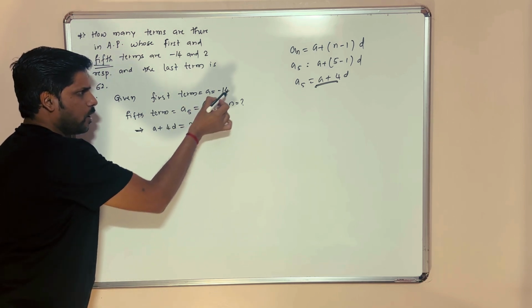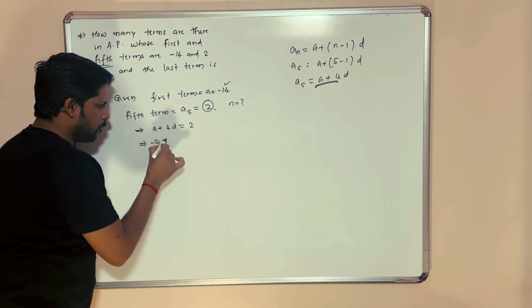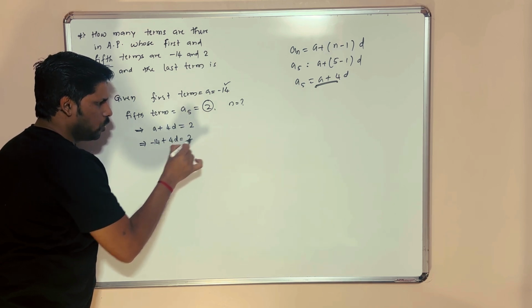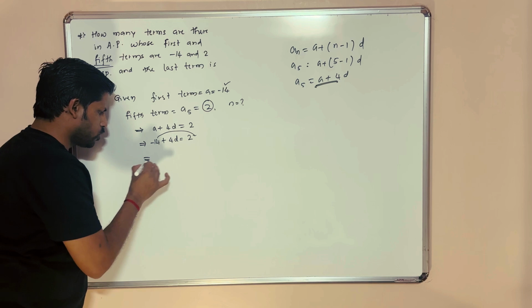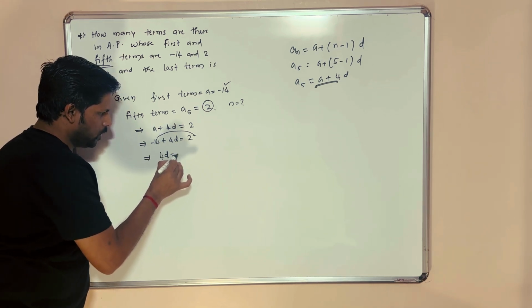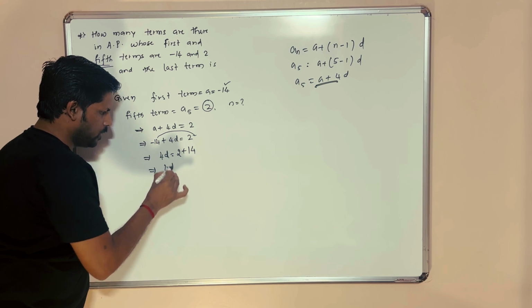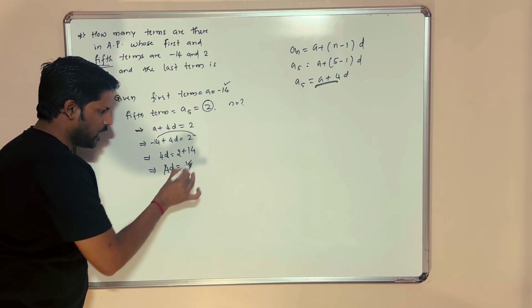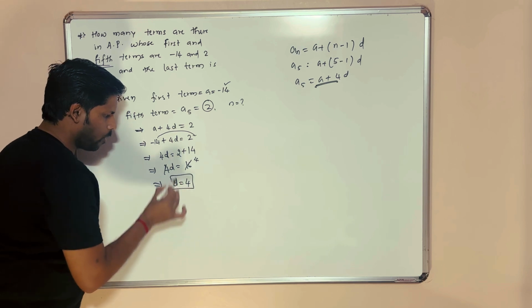What is the value of a? a is minus 14. Substitute here. We get minus 14 plus 4d is equal to 2. Now take this minus 14 to RHS, it becomes positive. So 4d is equal to 2 plus 14, that is 4d is equal to 16. So the common difference is 4.